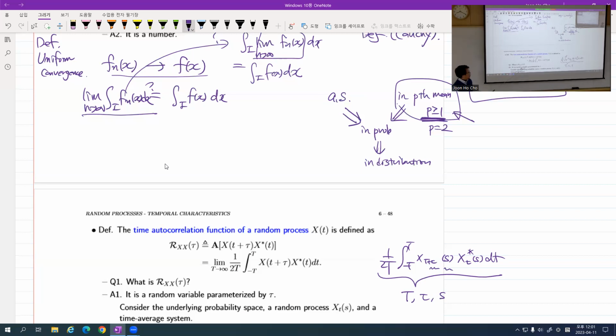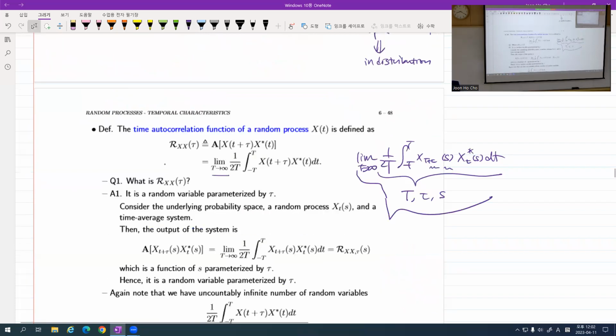But usually we drop the dependence on s and say that it is something random, right? But we take the limit. So this is what? Now parameterized by tau and s.